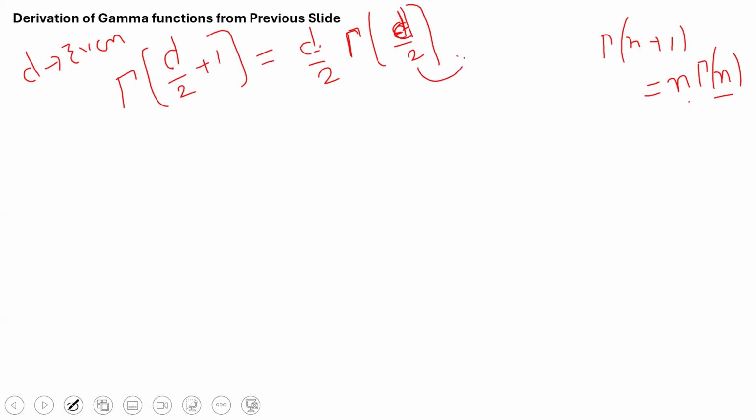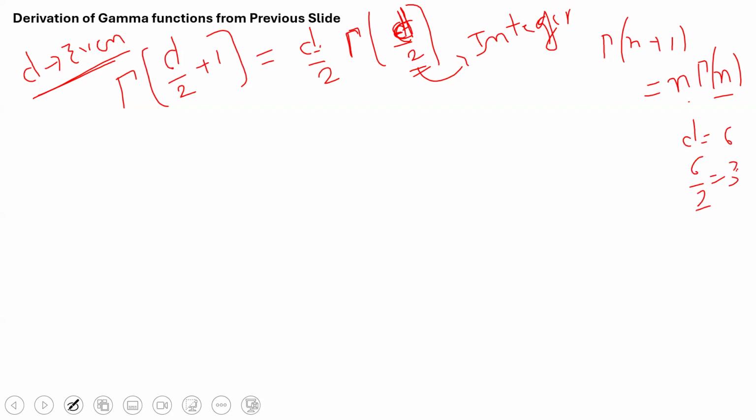This becomes an integer, right? Take any value of d which is even. Take d as 6; 6 by 2 is 3, we will get an integer. D can be anything.